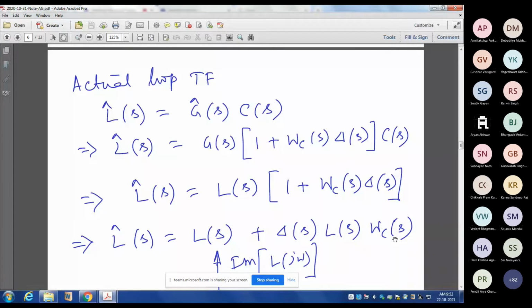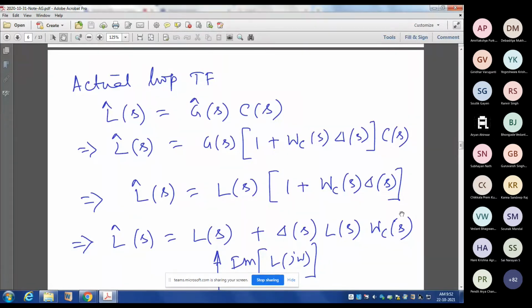Okay, so now what I want to do is plot. Suppose the Nyquist plot or polar plot of L(s) is known. Then I want to see what the polar plot of L hat(s) is. You can easily see that this is an addition. So what is the magnitude of this one?